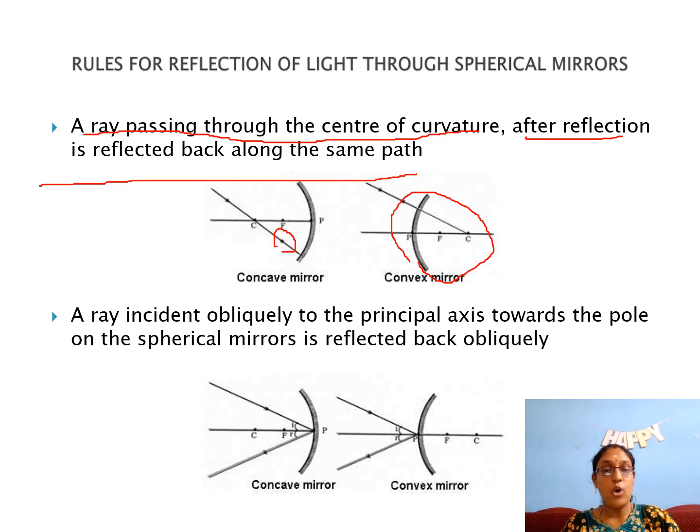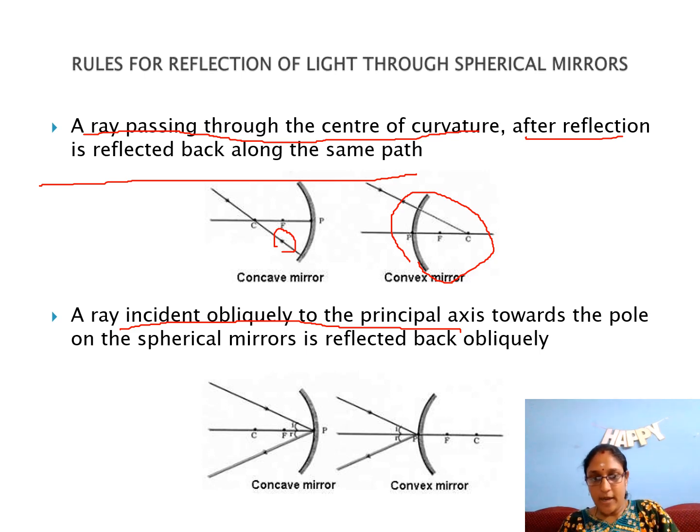And what can you tell about a ray incident obliquely? What is obliquely? Obliquely means slanting. A ray incident obliquely to the principal axis. Can you see? It's slanting, not a straight thing.